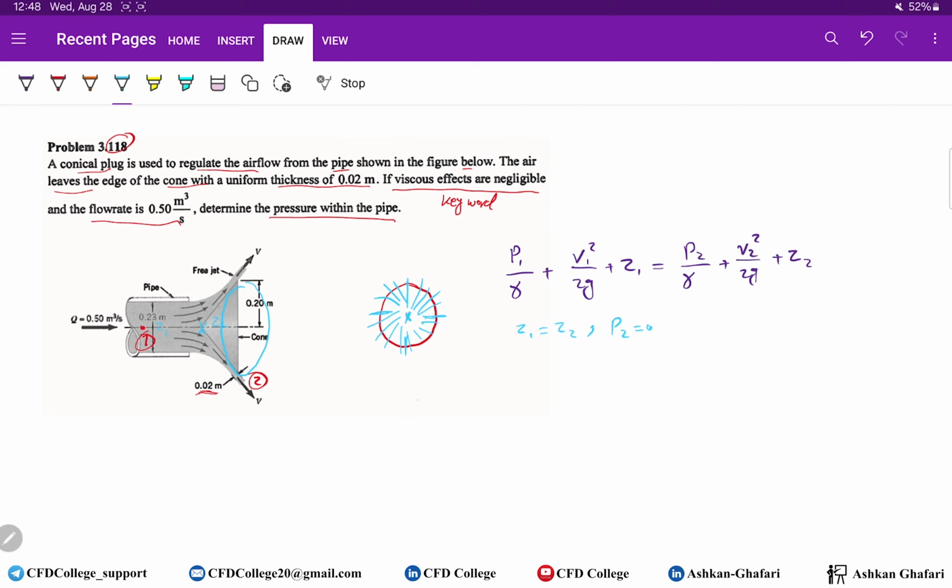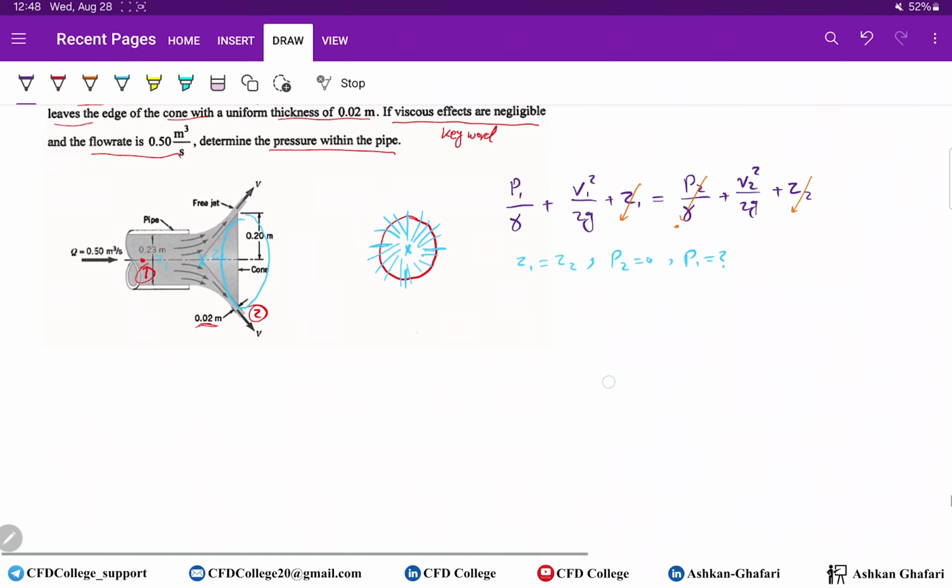So this term and this term cancel out, and this term is 0. We know the flow rate, we should use it. We know that Q equals A1 V1 equals A2 V2.